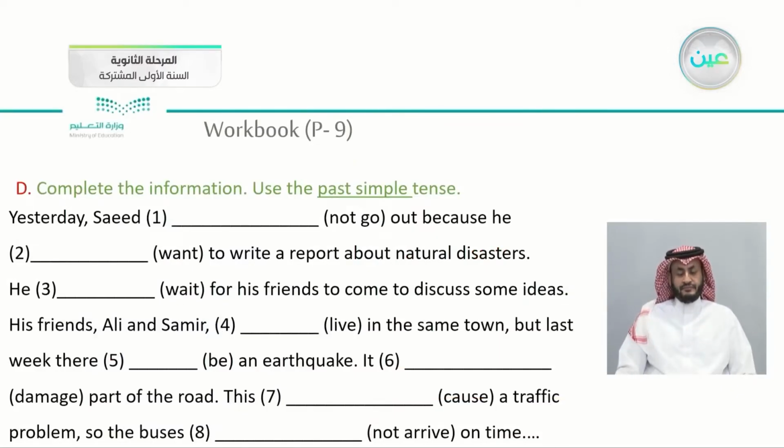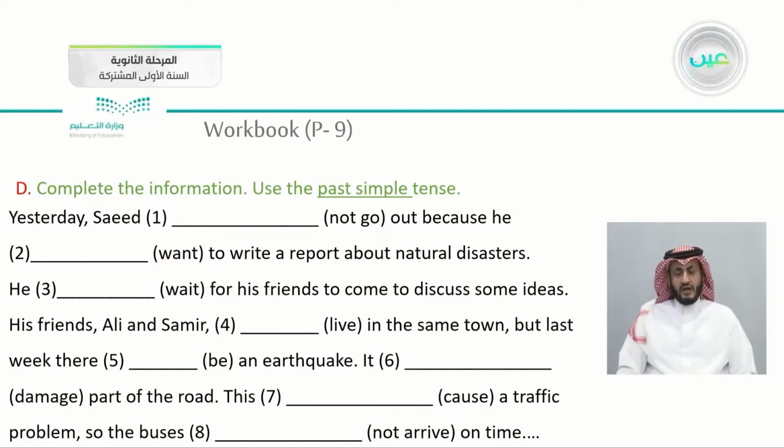Now let's go to your workbooks, page 9. Complete exercise D. Complete the information, use past simple tense. So you will use the ed or the verb number 2 of the verb. Yesterday, Saeed not go out.